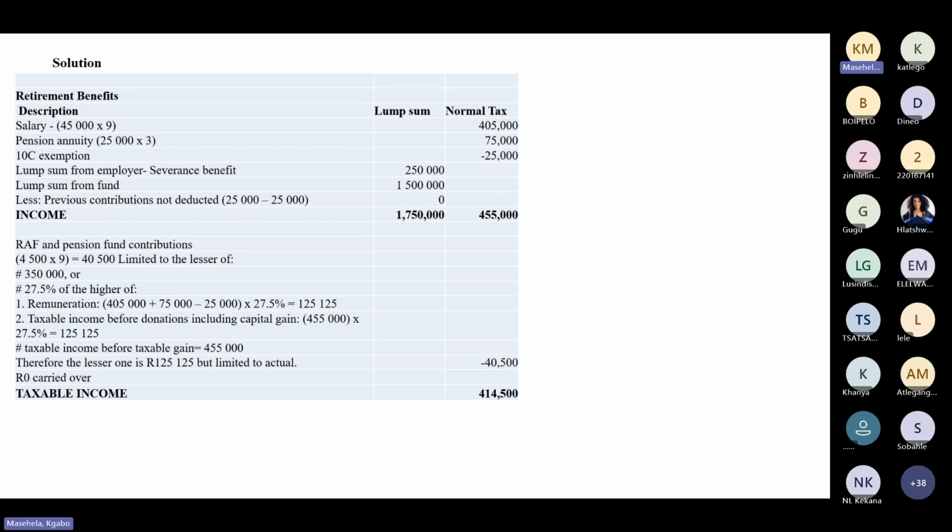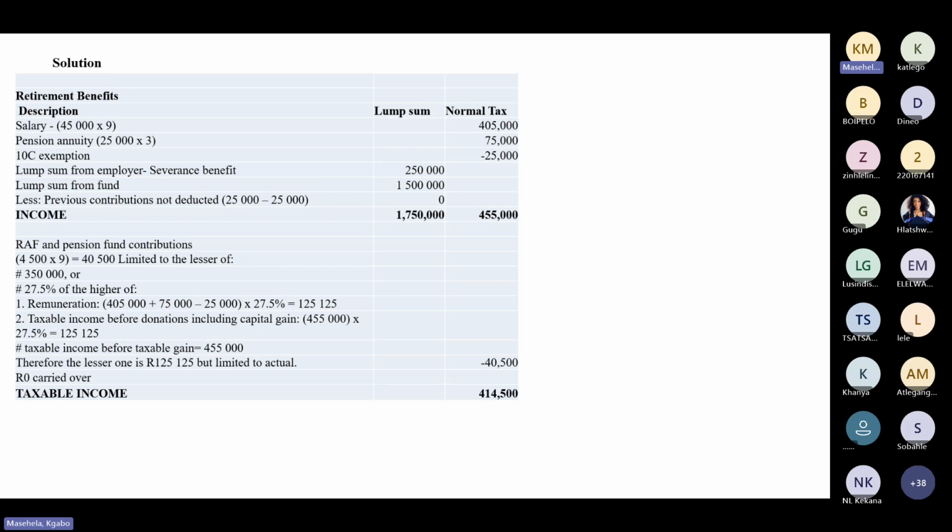Because the main purpose of doing these calculations is to determine which one is the lesser between these two. Look, remuneration is 405 plus 75,000 of annuity, less exemption, multiplied by 27.5%.